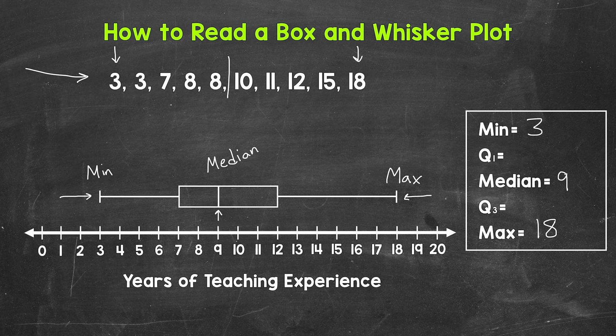Now we need to take a look at the first quartile, also known as the lower quartile, and then the third quartile, also known as the upper quartile. Let's take a look at the first quartile first. We need to take a look at the bottom half of our data, so right here. The first quartile is going to be the median or halfway point within our bottom half of the data. We have 5 numbers within that bottom half.